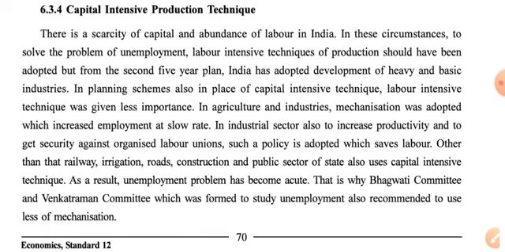But from the second five-year plan, from 1956 to 1961, India adopted the development of heavy and basic industries. I think you have heard the name of P.C. Mahalanobis, who favored basic and heavy industries in India from the second five-year plan, because he wanted to make India self-sufficient in terms of machinery and technology.